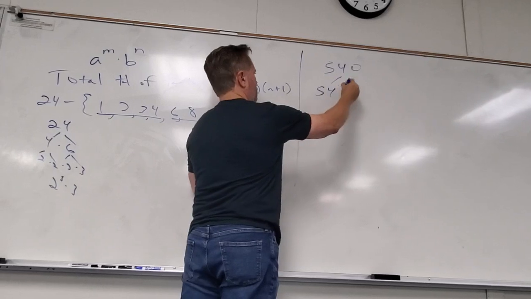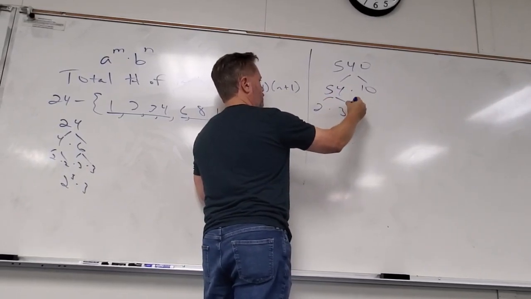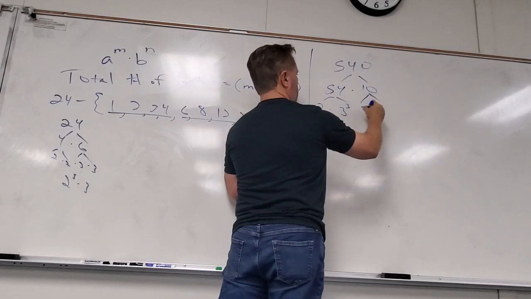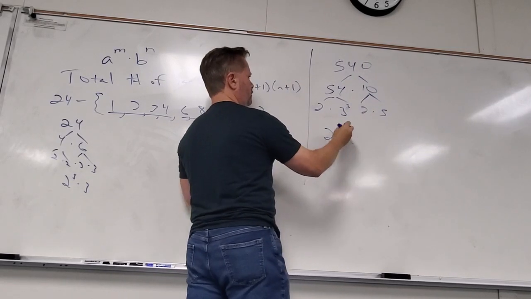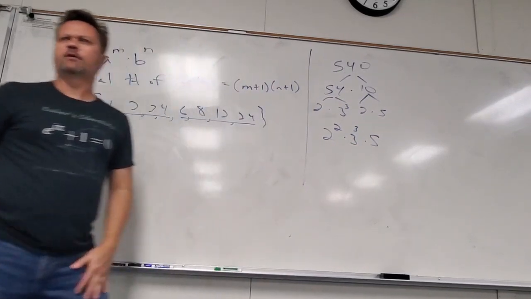So let's see, the way I would do it, it doesn't really matter. I just see those first. This will be 2 times 27. 27 is 3 cubed. 2 times 5. So I end up with 2 squared times 3 cubed times 5. Is that what you guys got?